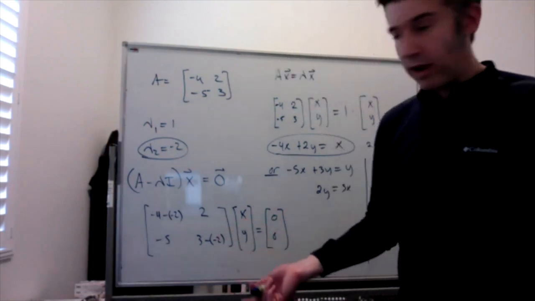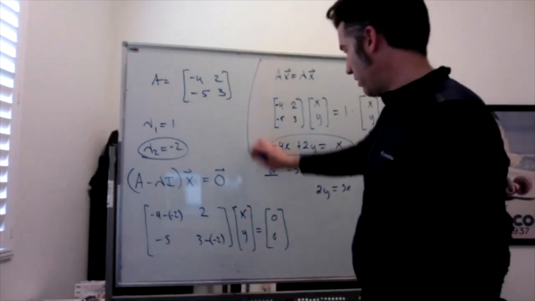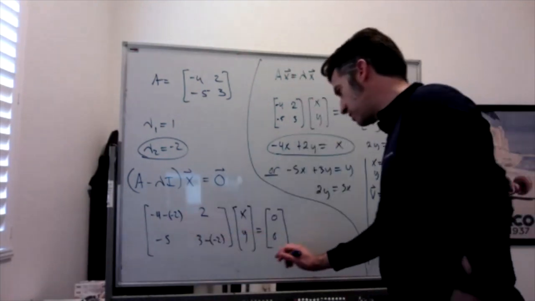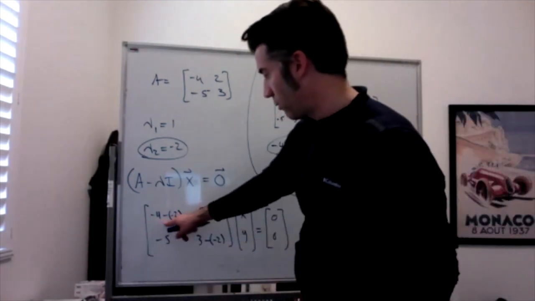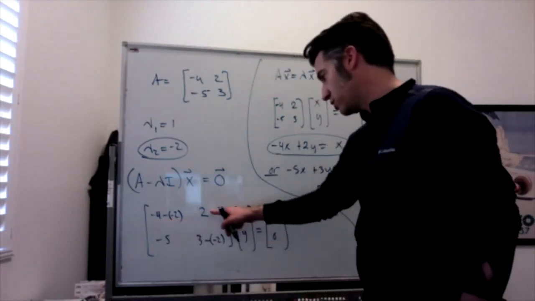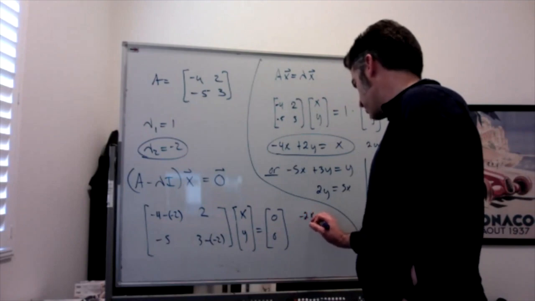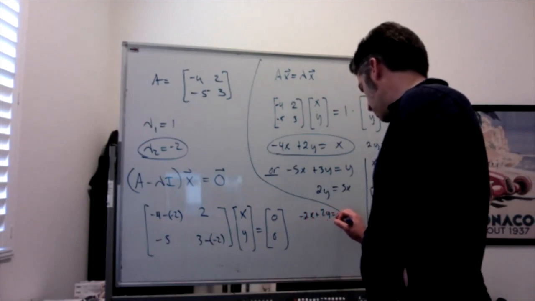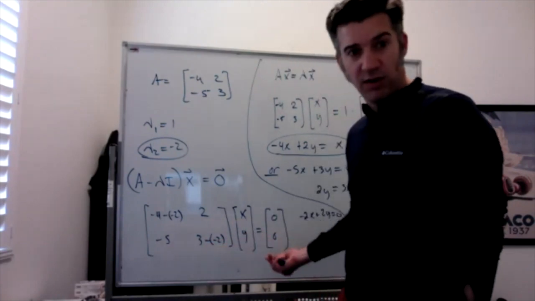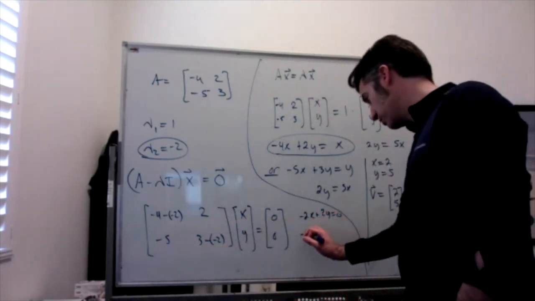So when I do it this way, and again, this is for the other eigenvalue, I have the matrix. Negative 4 plus 2 is negative 2. So my equation is negative 2x plus 2y equals 0. Or this equation would be negative 5x plus 5y equals 0, which are essentially the same equation.